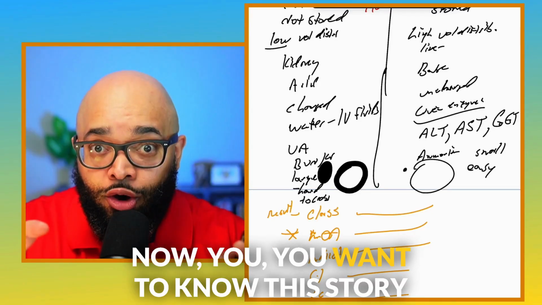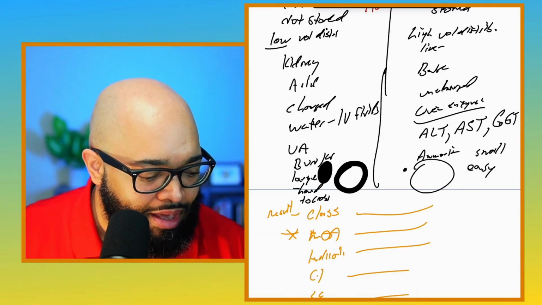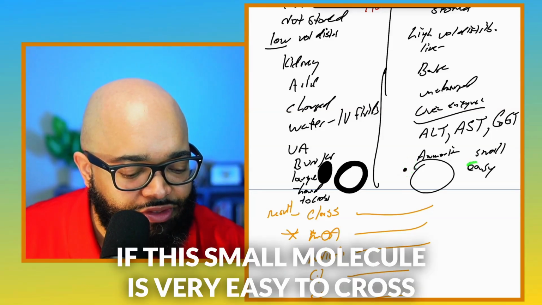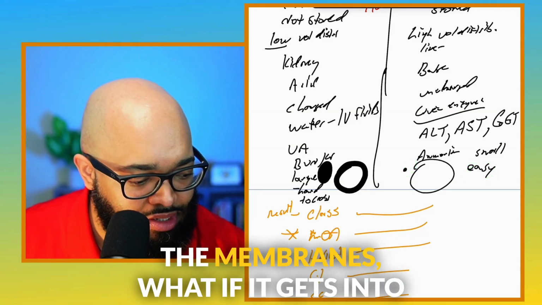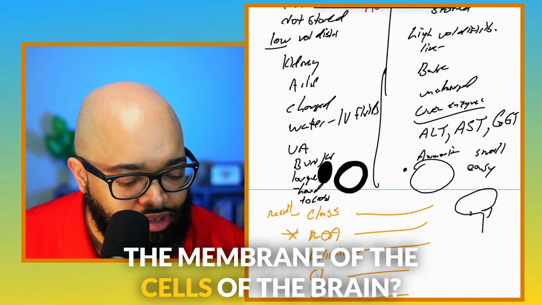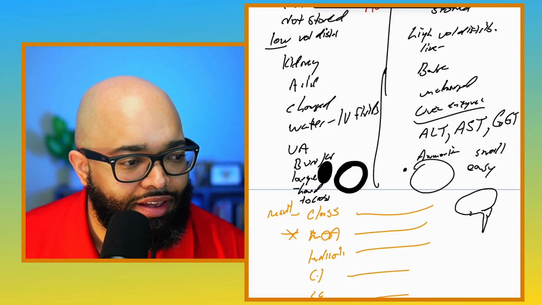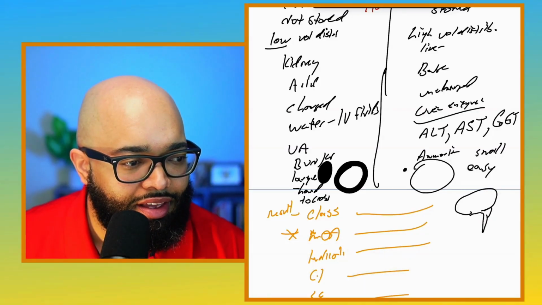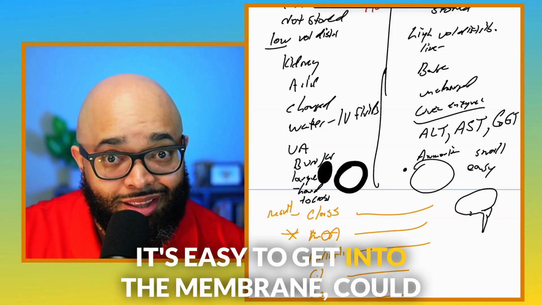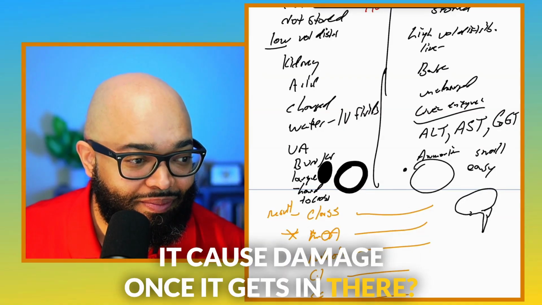Now, you want to know this story because this is how we're going to know everything else. Watch this. If this small molecule easily crosses the membranes, what if it gets into the membrane of the cells of the brain? Can that cause damage to the brain? If it's easy to get in, could it cause damage once it gets in there?